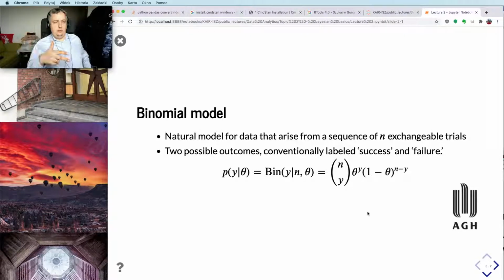This is partial exchangeability: not every data point is exchangeable, but the groups of data points, such as those time series, are exchangeable between each other.